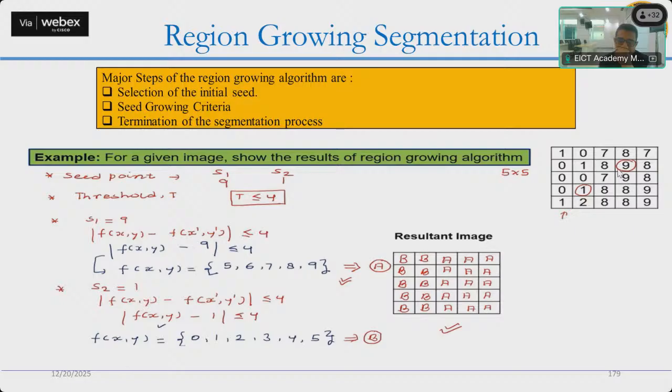Between the seed points there should be the maximum distance, so that in between we can put the threshold. If you put the two seed points nearby, it is very difficult to set the threshold.